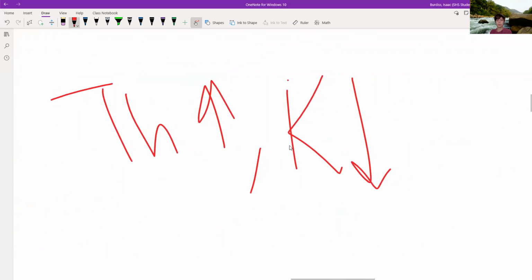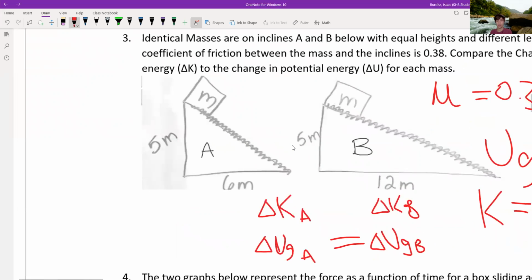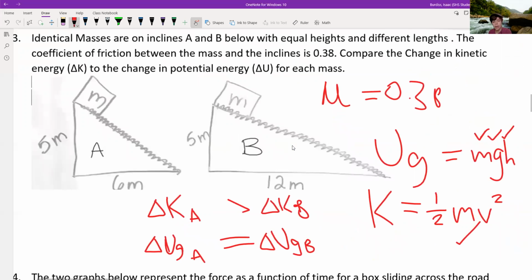So how do you know which one has more thermal energy? It's the one that's longer, because it's on there for a longer amount, more energy will be lost. So that means that A has more kinetic energy because it's shorter. So that's just something that you've got to think about. Okay. All right, let's see which one.